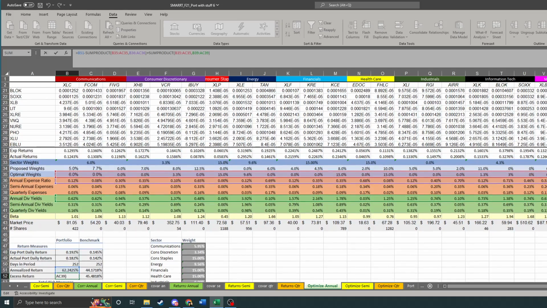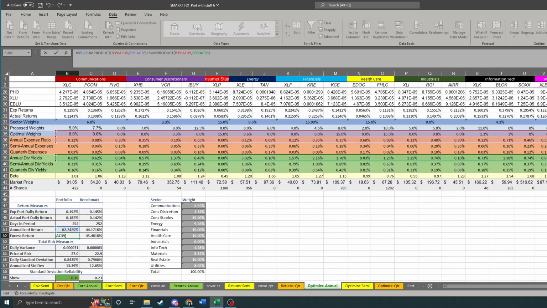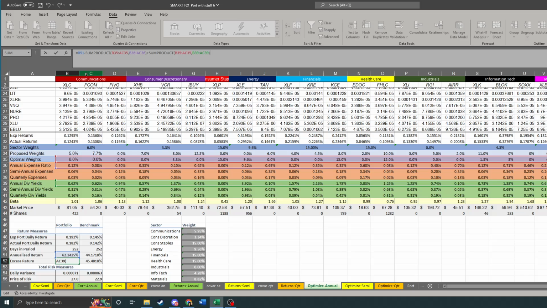And then the excess return is, I have no clue what this is. Let's see, B51. So the excess return is just the annualized return minus the sum product of the optimal weights and the expense ratios and the optimal weights and the dividends.